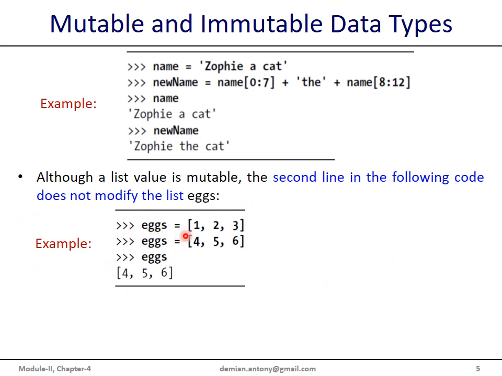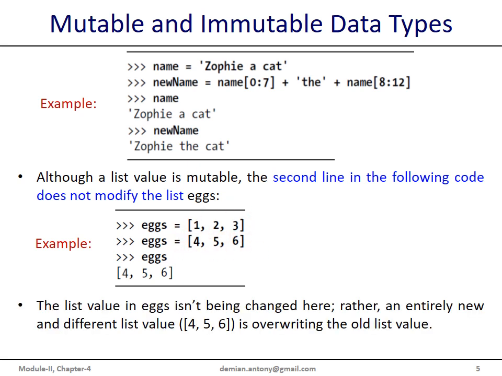Here we have a list called X with 1, 2, 3 elements, and we are changing all the elements with 4, 5, 6. It means that now the old list is replaced or overwritten with the new list, not the new 3 elements. This entire old list is being replaced with the new list.